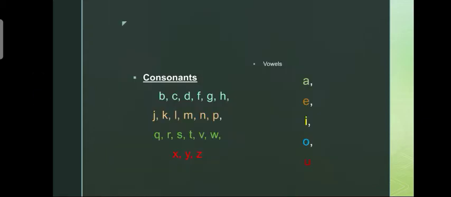Now, what are consonants? Consonants are B, C, D, F, G, H, J, K, L, M, N, P, Q, R, S, T, V, W, X, Y, Z. If a word starts with any of these letters, we will make use of A. And vowels, there are 5 vowels in English alphabet.